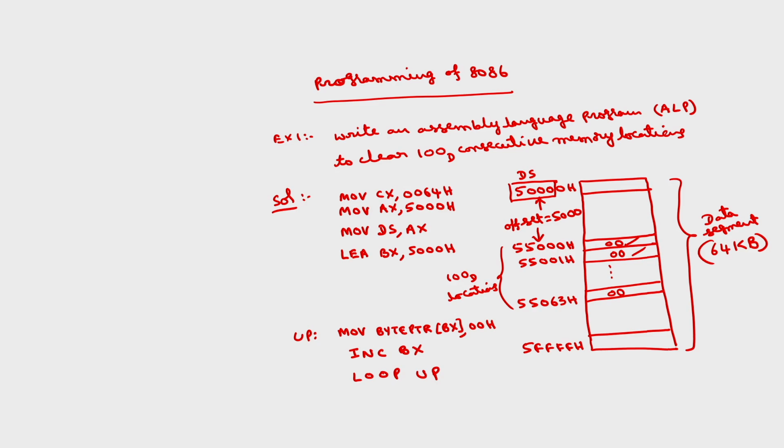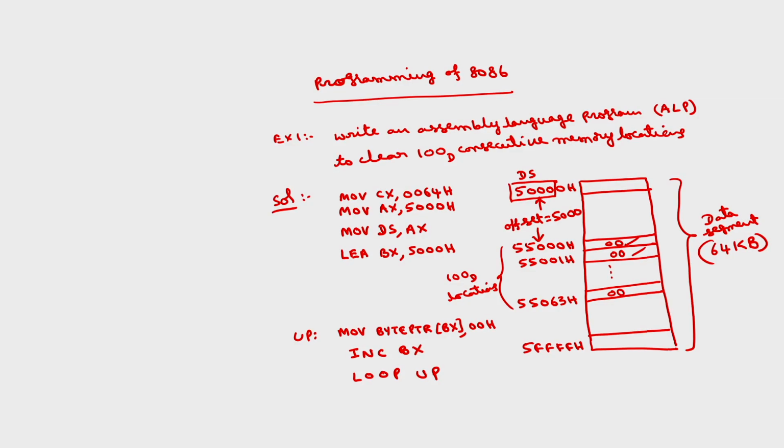CX is initially 0064, after the first byte 0063, after the second byte is cleared 0062, and so on. Once all these 100 locations are cleared, it will come out of the loop, then we have to halt. This is a simple program to clear 100 consecutive locations.